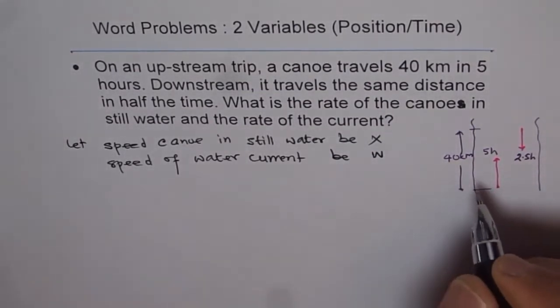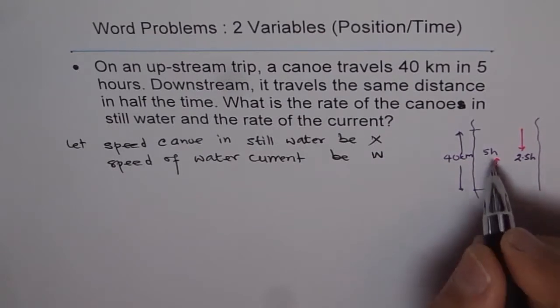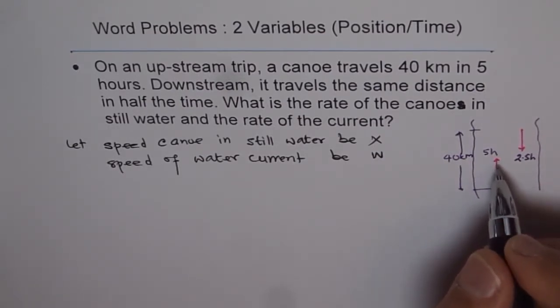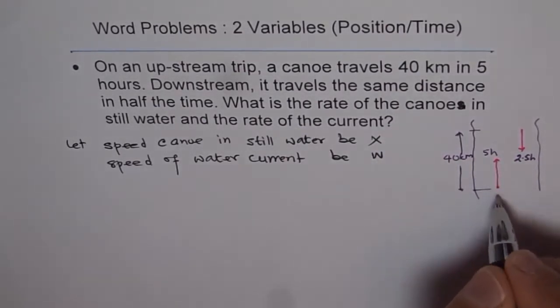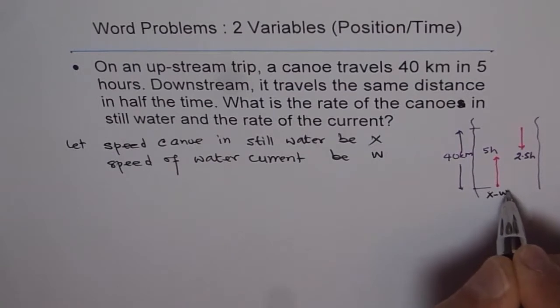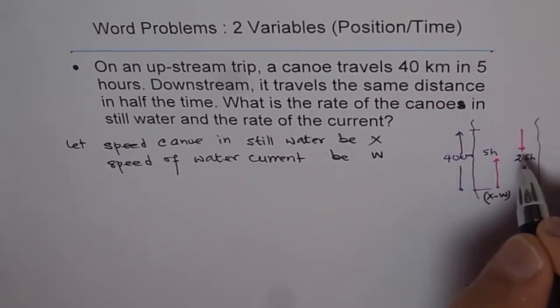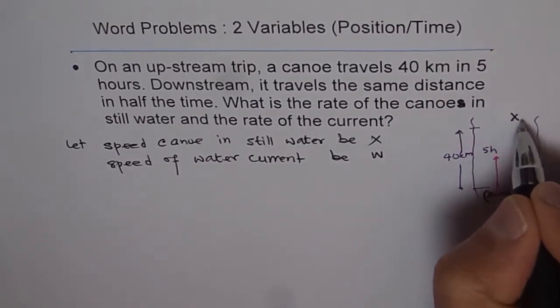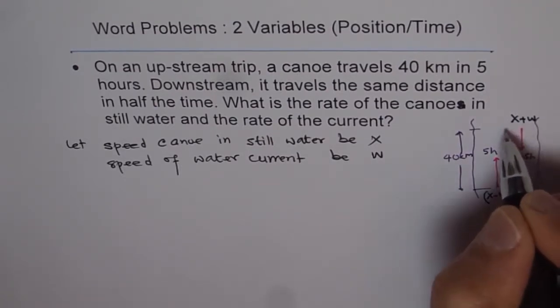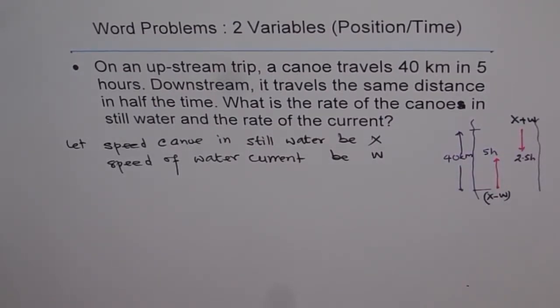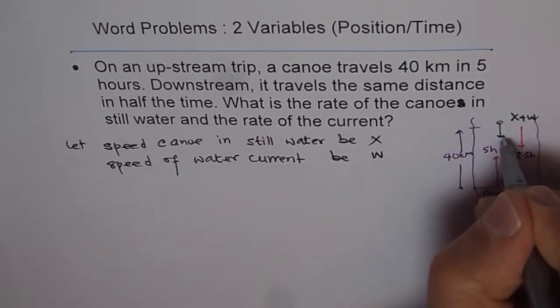In that case, while the canoe is going upwards, what is the speed? The net speed will be x minus w, correct? While it is coming down, the speed will be x plus w, because both will add up, right? Water is flowing downwards. So water, w, is acting downwards, right?